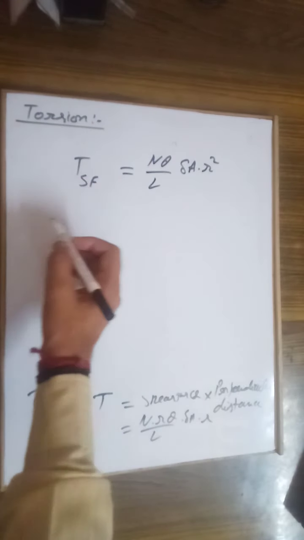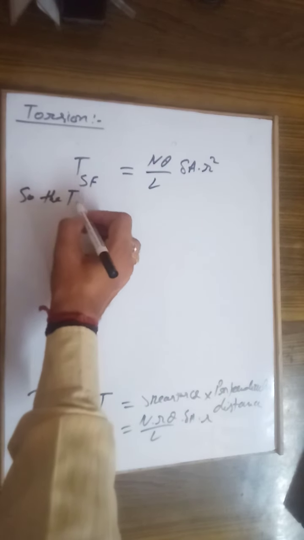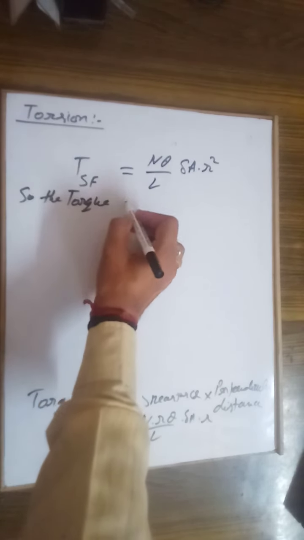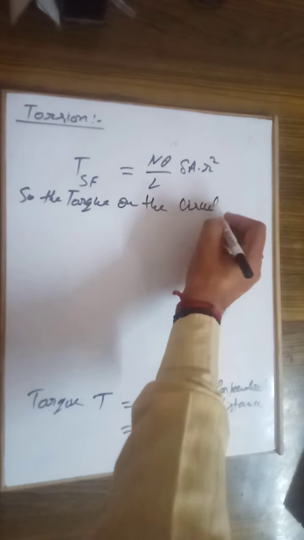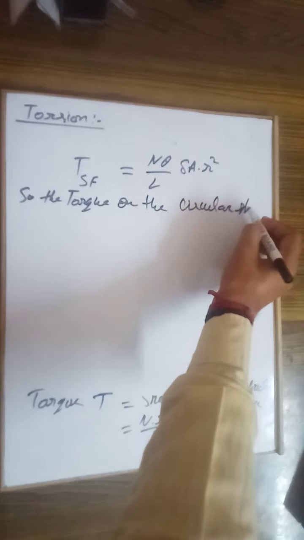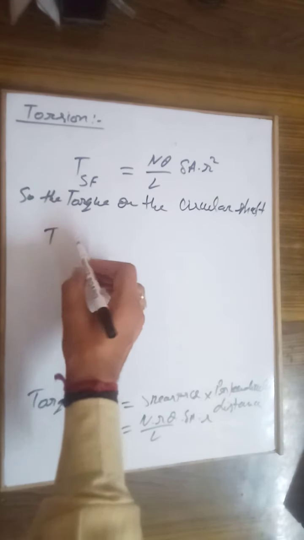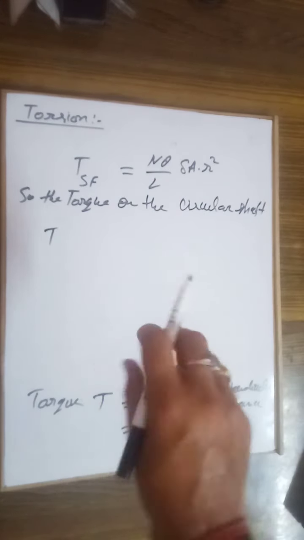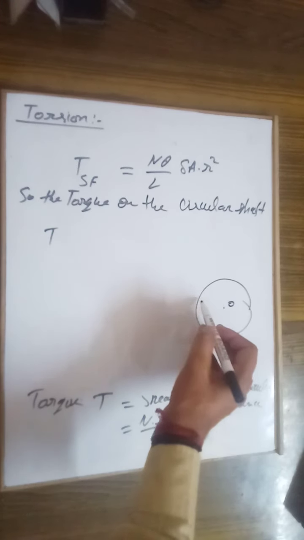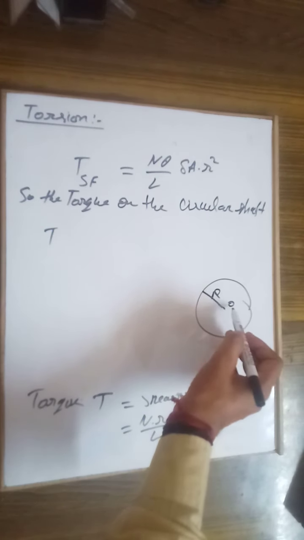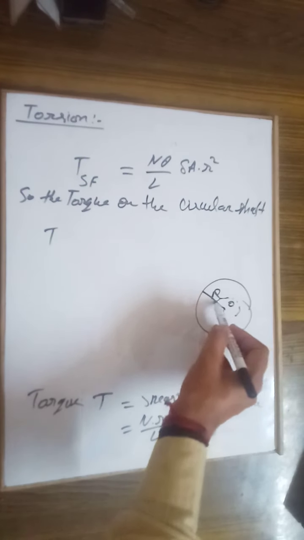So the torque on the circular shaft can be written as, if we want to find the torque on that circular shaft from point O to this region R, where this R is our small r.